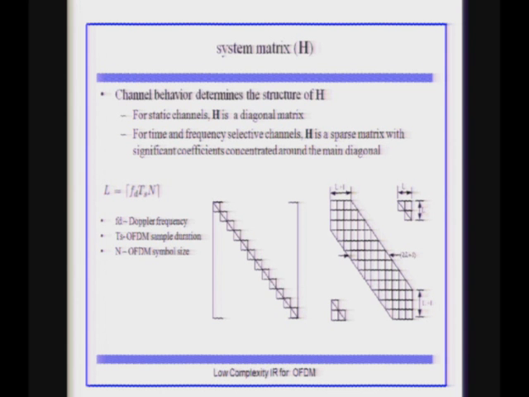I think there's more, like for the static channels. The channel is static, so you have your channel matrix as a Toeplitz matrix. Every row is constant. In that case, you have your eigenvectors as the Fourier transform, and then you have a diagonal matrix of eigenvalues. For the time varying channels, that will not be the case.